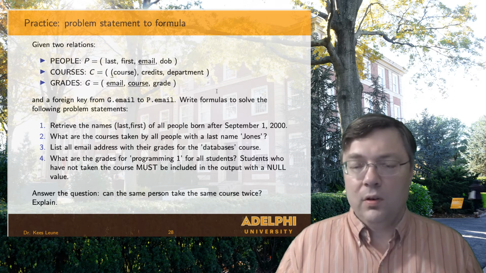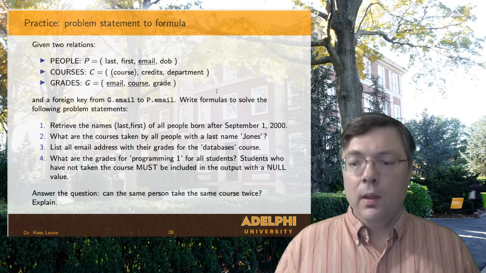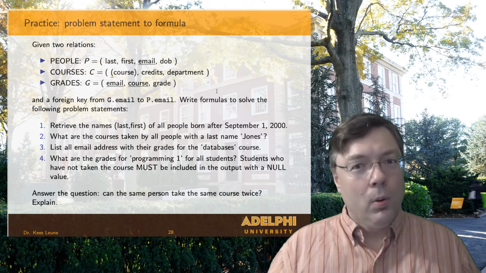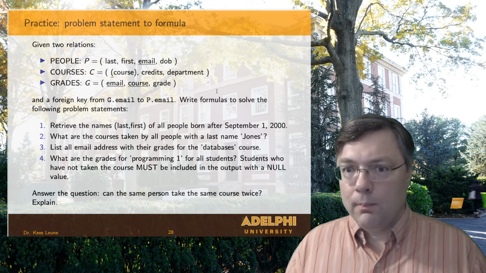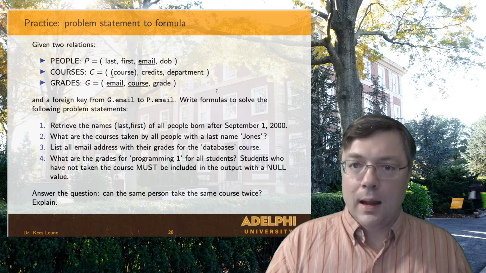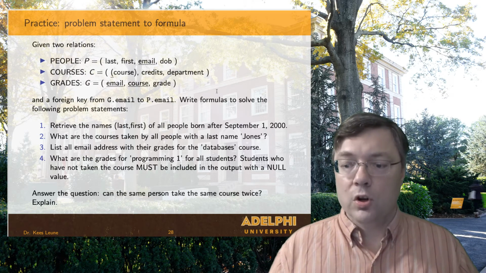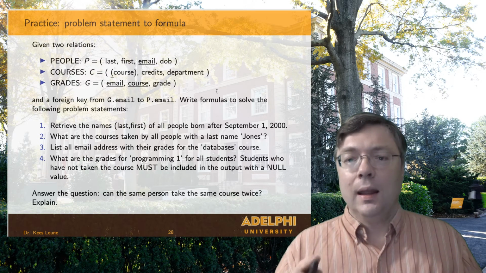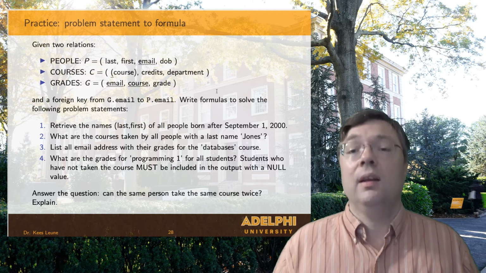Notice though, one thing to point out before I end this video, that in this grades table you have an email, a course, and a grade. What entity integrity said is that the primary key has to be unique. So the combination of the attributes email and course can only occur once in this database.